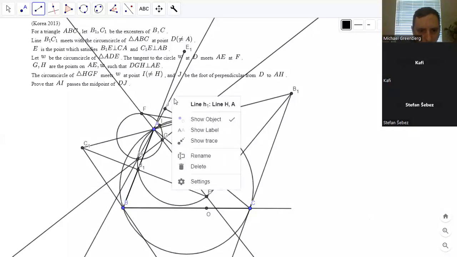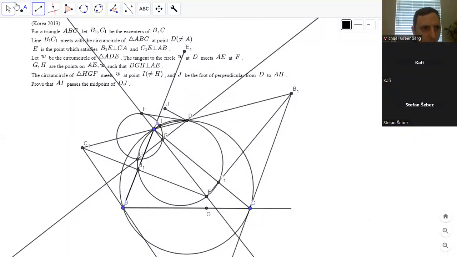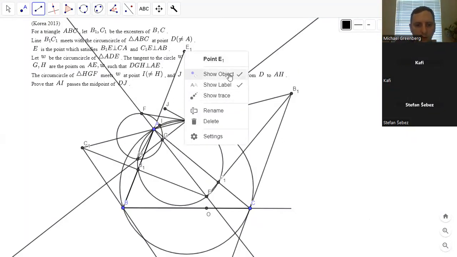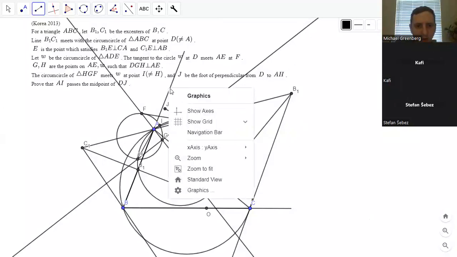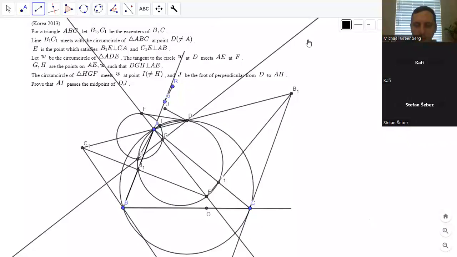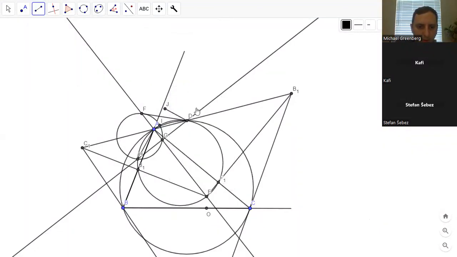So this is just AH. And I forget what. I don't think I need that. That was just for the. I guess that's the downside to using the tool to draw it.